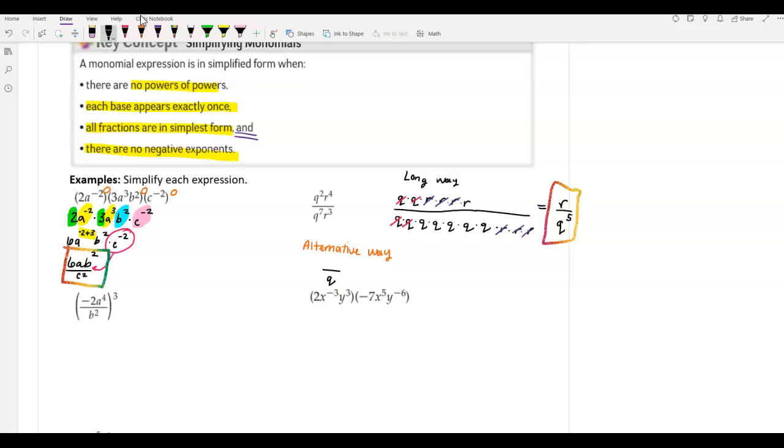Where's my largest r? Up top. So now I have q squared and q to the 7th. I want to do large minus small. So in this case, 7 minus 2 is 5. And so I put a 5 there. Now I have r to the 4th over r cubed. Large minus small, 4 minus 3 is 1. Boom. Done.